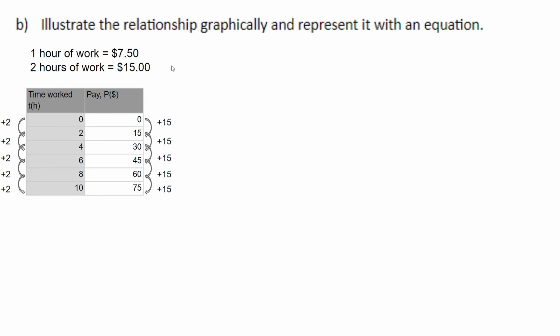It would always be 15, not 7.5. So notice that our time worked, T, is given to us in hours, and our pay, P, is given to us in dollars. So we want to represent this graphically and represent it with an equation.